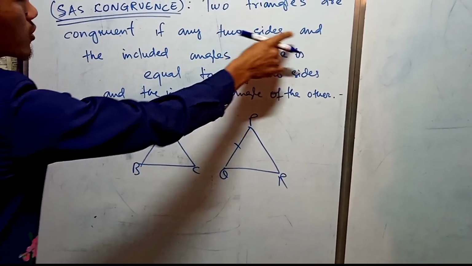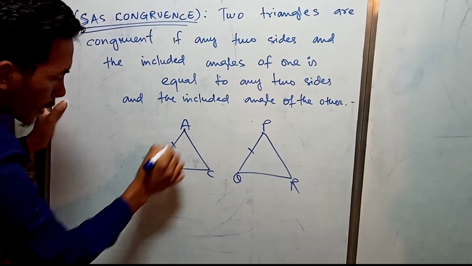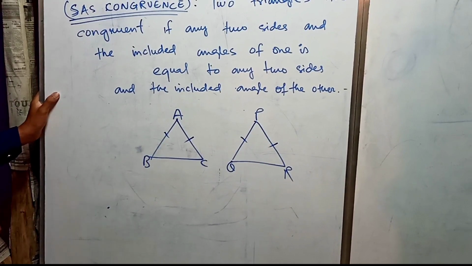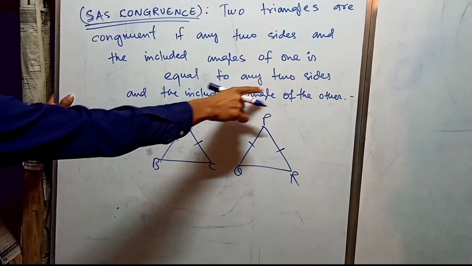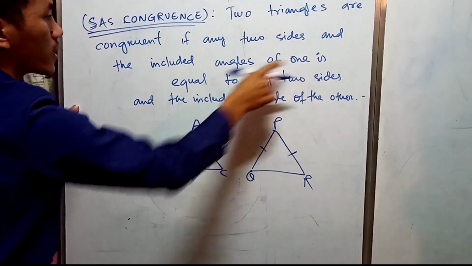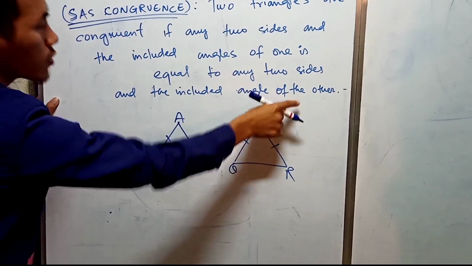If any two sides and the included angle, two sides mean AB is equal to PQ and AC is equal to PR, and the included angle of one is equal to the included angle of the other.